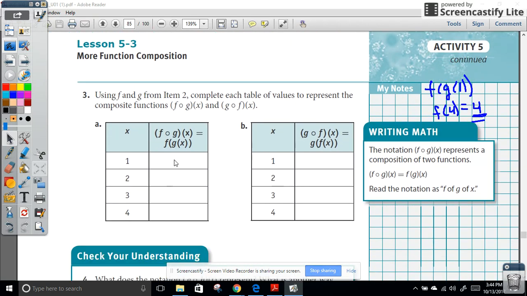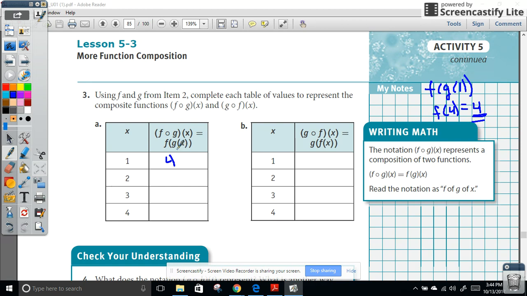So right here, I'm going to write, let me get a pen, I'm going to write 4.